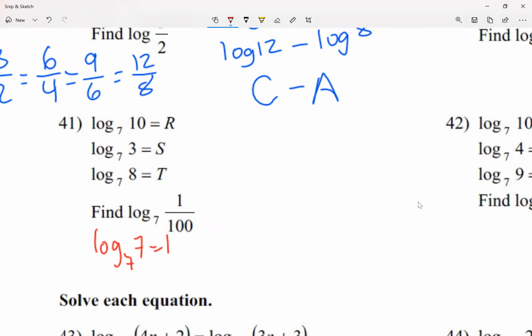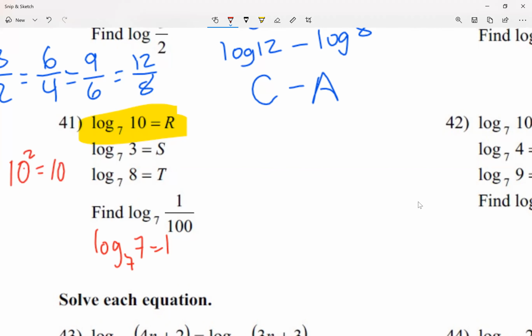Now I need 1 over 100. Okay, I see log base 7 of 10. So I see how that 10 can be used. Now, interesting though is that I know 10 squared is equal to 100.